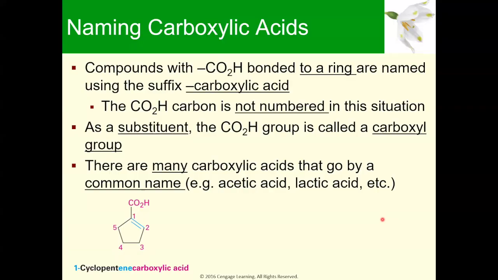A situation where you would have the carboxylic acid as a substituent on a ring is this, the 1-cyclopentene. We name the ring, and then we just throw the suffix on, carboxylic acid, because it is a group that is a substituent on a ring. And then again, if you want to know what lactic acid is, it has nothing to do with the structure. It's because they knew about this acid long before they knew about chemical structure.